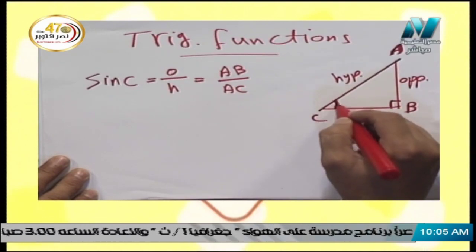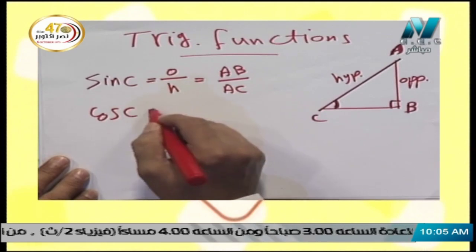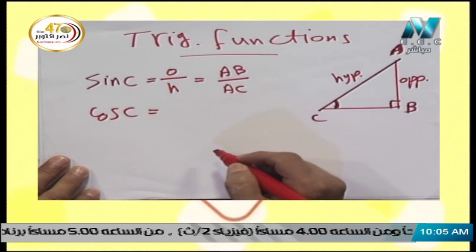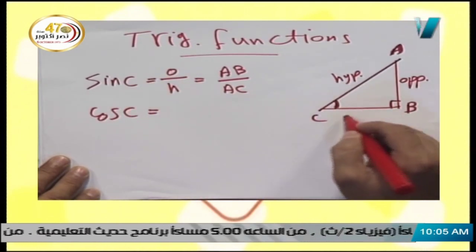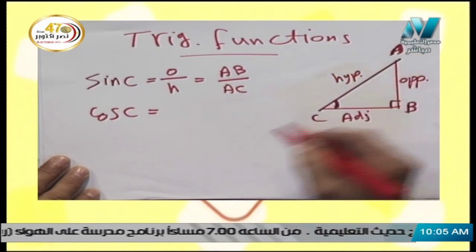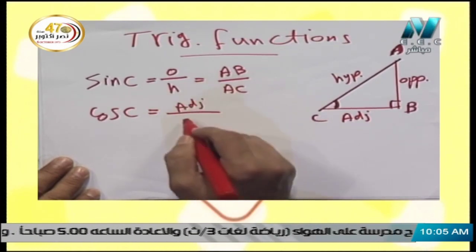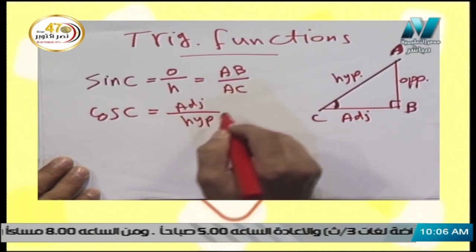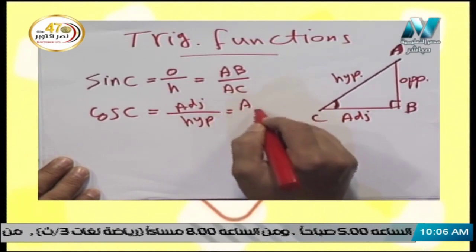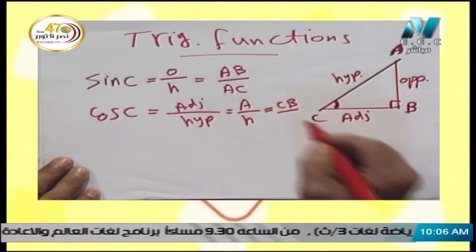For the same angle C, we can write cosine of angle C. Cosine angle C equals the adjacent side over the hypotenuse side, adjacent over hypotenuse, which is CB over AC.